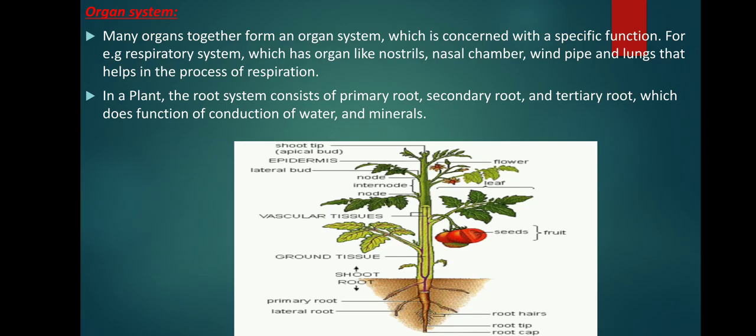For example, the respiratory system, which has organs like nostril, nasal chamber, windpipe, and lungs that help in the process of respiration. In plants, the root system consists of the primary root, secondary root, and tertiary root, which do the functions of conduction of water and minerals, also fixation.